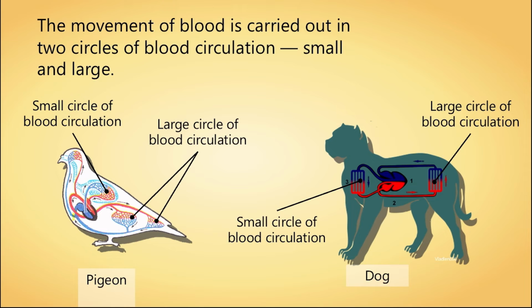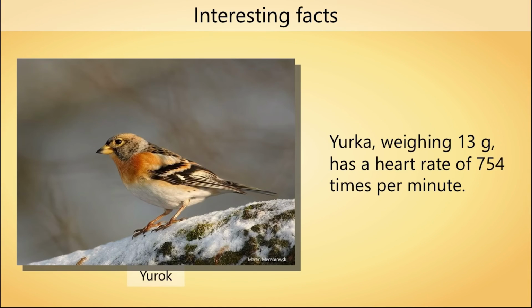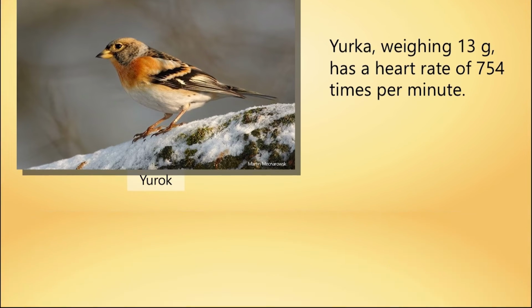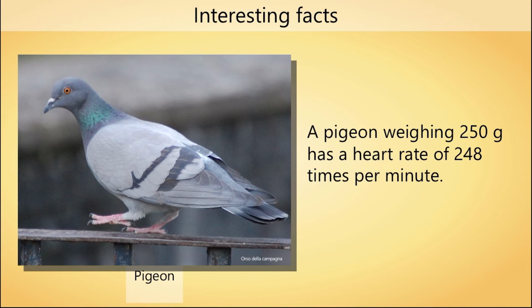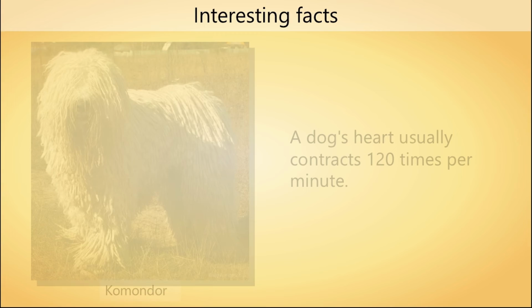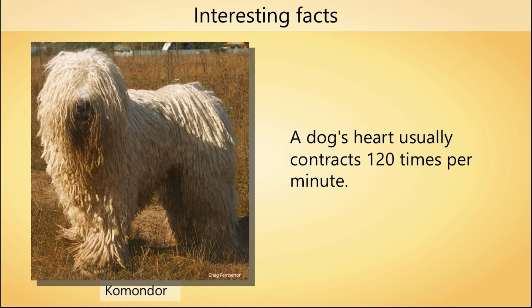Blood circulation occurs through the arteries, veins, and capillaries. Let's pay attention to some physiological features of the circulatory system in animals.